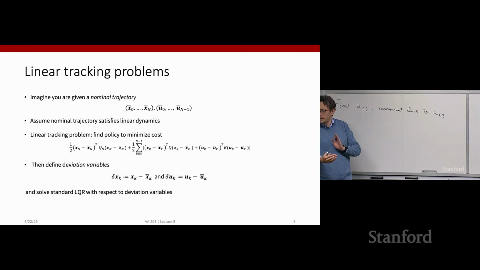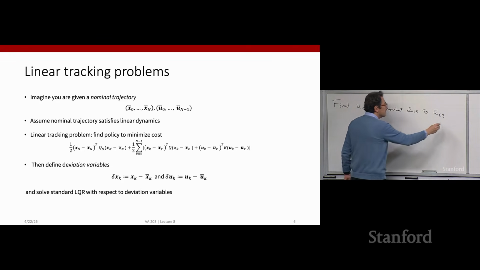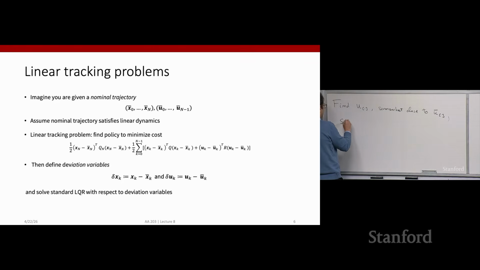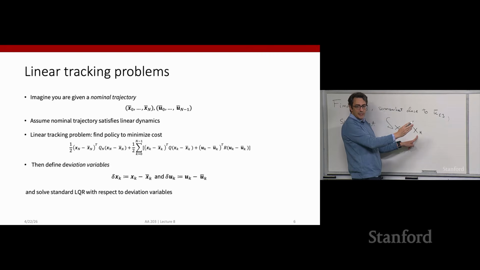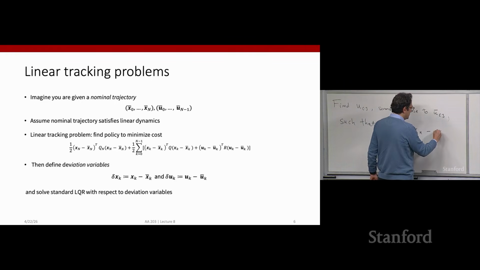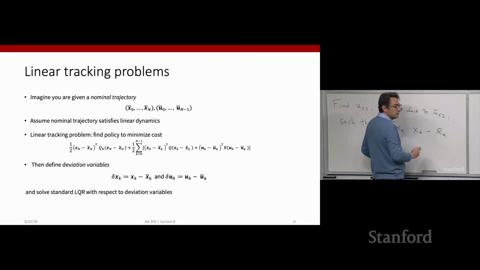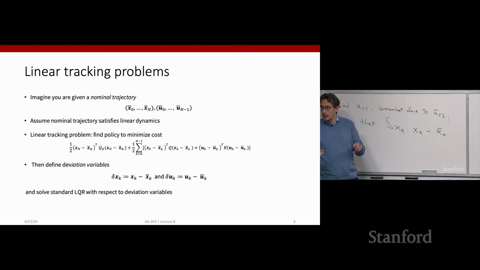We want to track both the state trajectory and the control trajectory, such that the tracking error, defined as the difference between the realized trajectory, the sequence of states that your system actually goes through, and the desired trajectory, the sequence of states you would have liked to go through, as specified by the pre-computed trajectory, is minimized.